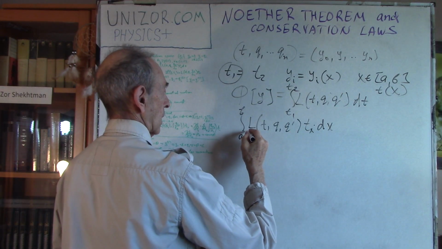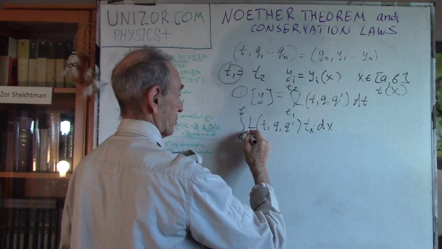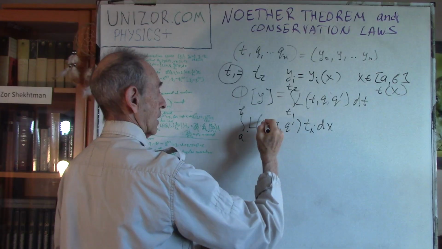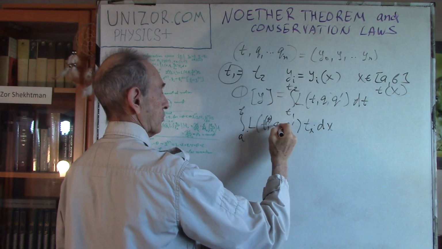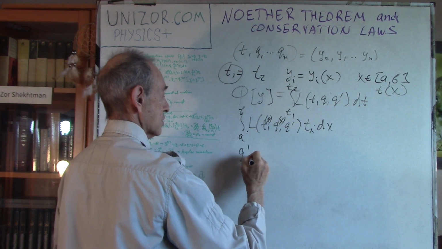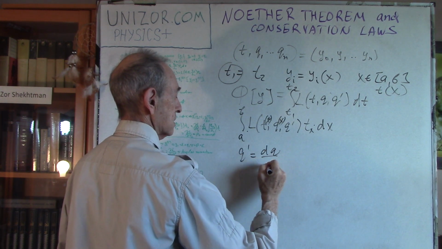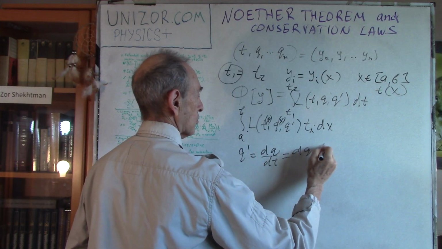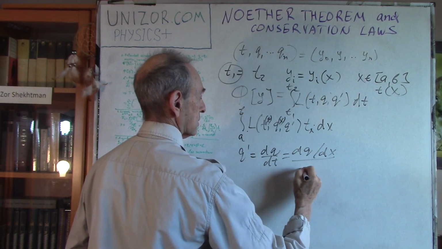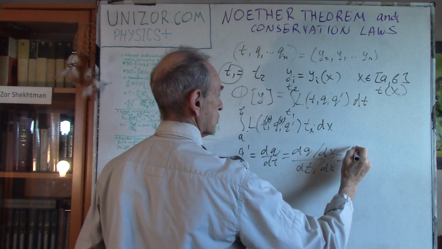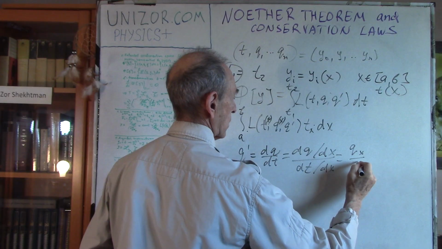And then I have to replace everything as a function of x, right? Now t is a function of x without a problem, q is a function of x without a problem, q prime, which is actually dq by dt, can be converted into dq by dx divided by dt by dx, which is qx by tx.